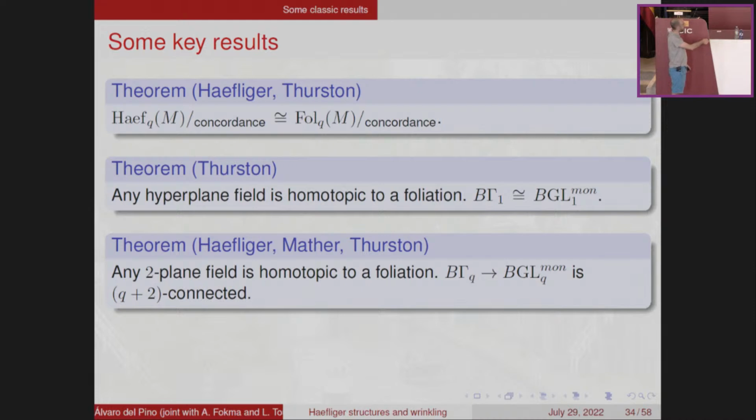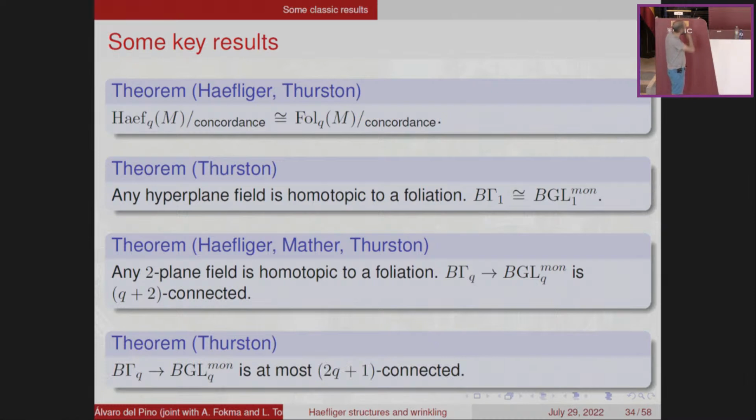I look at foliations in it of codimension Q. So these are foliations of dimension 2, so planes. And this says that they are classified by the map into a classifying space. So this is just a fancy way of saying this statement. And there's a famous theorem by Thurston that says that this classifying map is at most 2Q plus 1 connected.